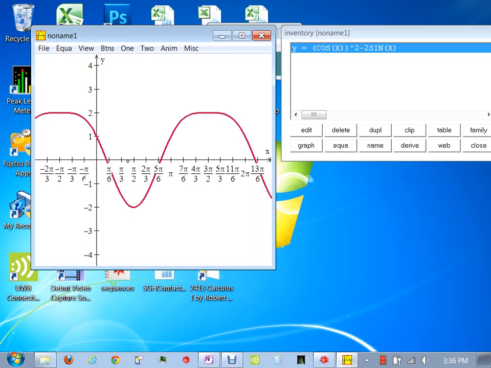Pi over 2, look at this. Pi over 2, there it is, lowest point. Where do we have a max? 3 pi over 2, here it is, right?